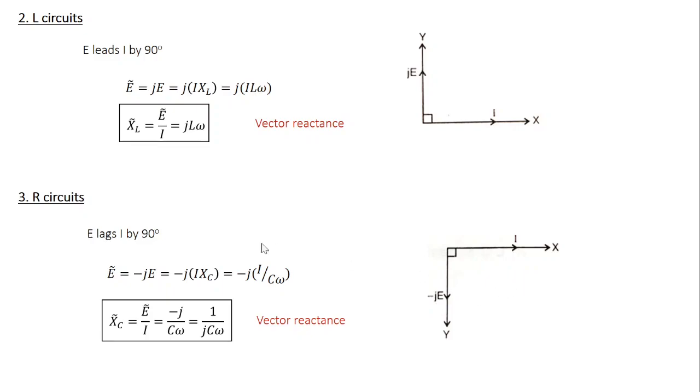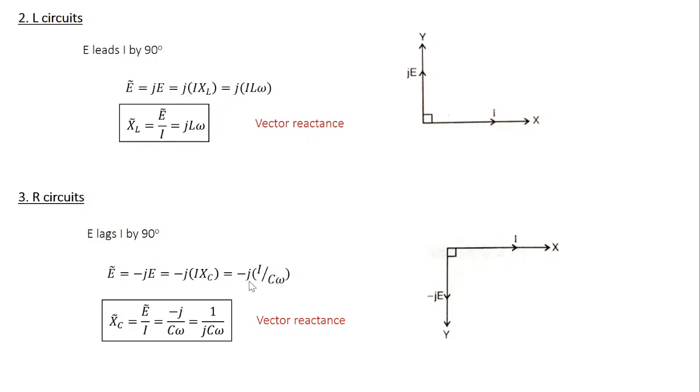Now, what about the vector reactance? We know that the total voltage, once again, since the ohmic resistance is absent, we have only the imaginary component here. So I can write the complex voltage is minus JE and voltage is nothing but current I into vector reactance, which is 1 by C omega.